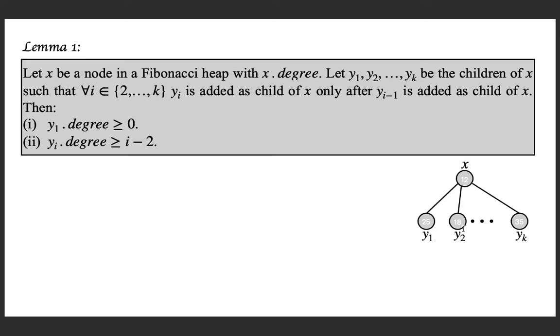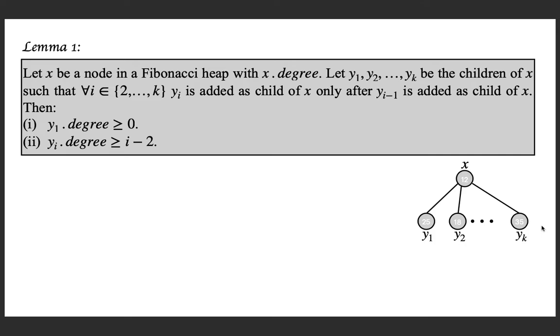So we are considering a situation where x is a node in a Fibonacci heap which has k child nodes, and we assumed that the child nodes are added in this order, y1, then y2, likewise till yk.